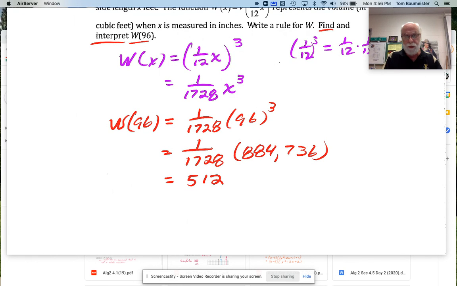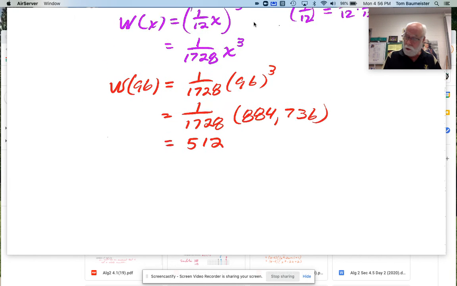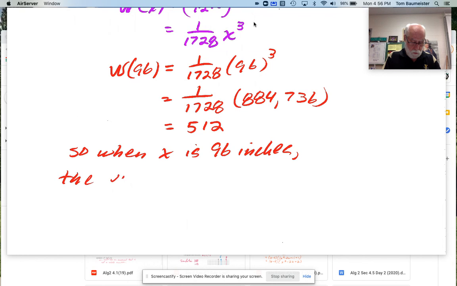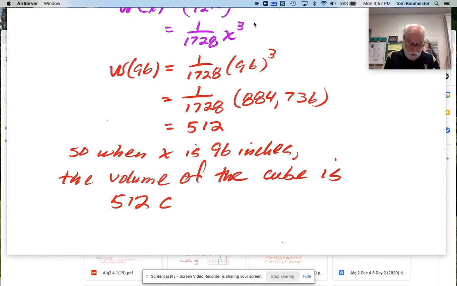Now they want us to interpret. Interpret just means I'm going to put it into a word problem using words. So when x is 96 inches, the volume of the cube is 512 cubic feet.